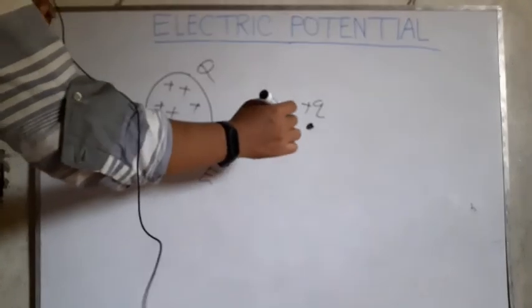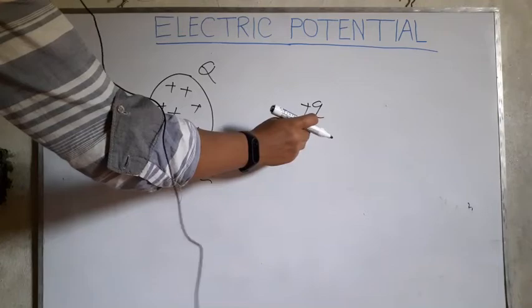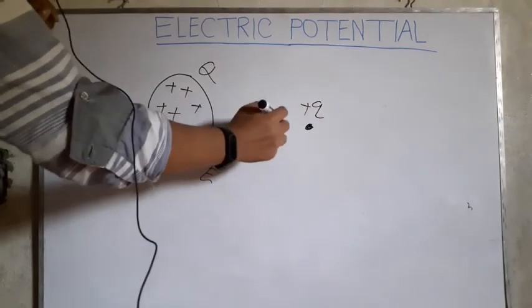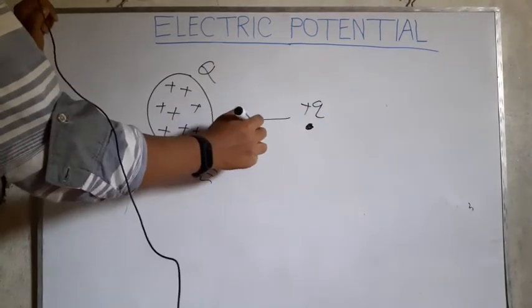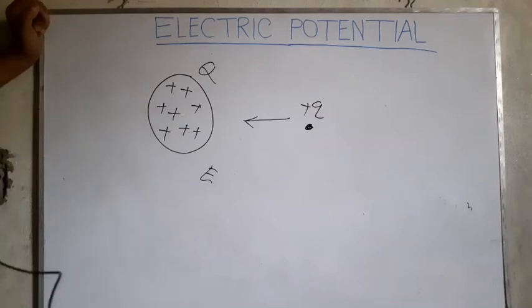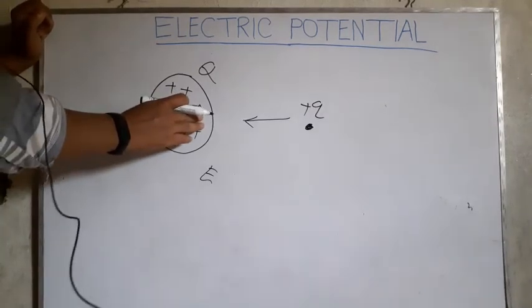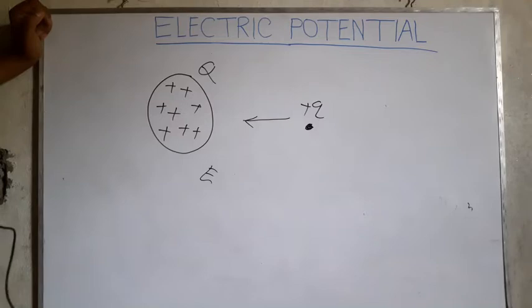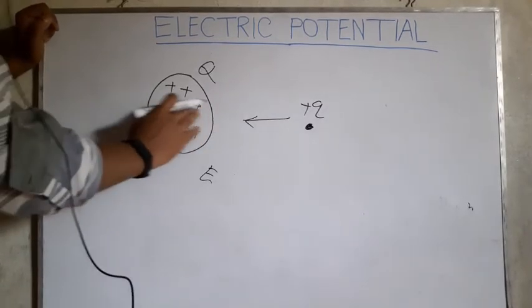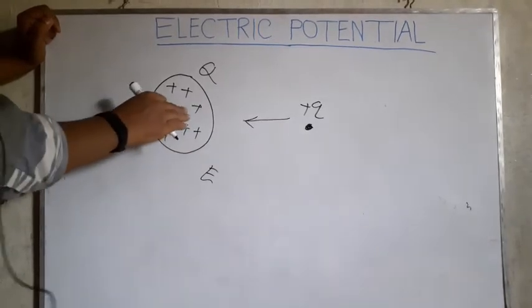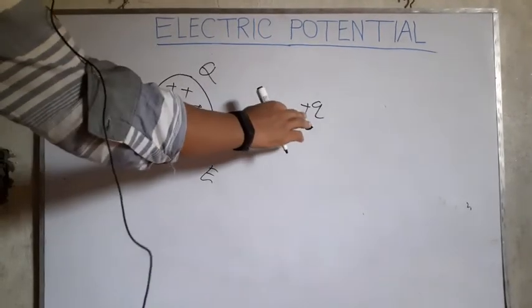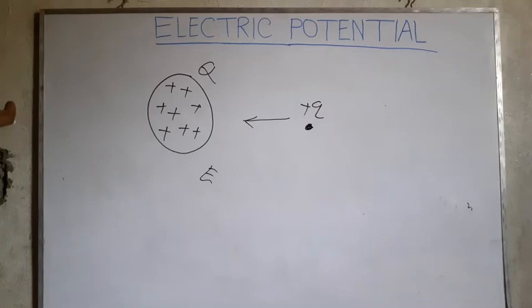Therefore, if you want to move this plus q charge towards this charge, then we have to do work against this repulsive force, as it is a positively charged body and here is also positive charge. We know the charges of same nature will repel each other.